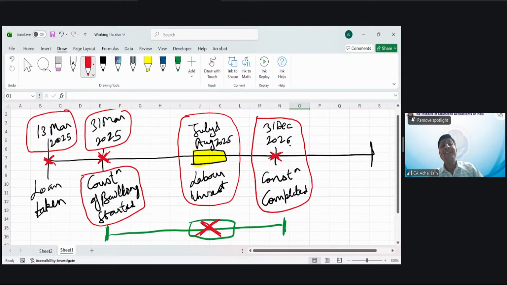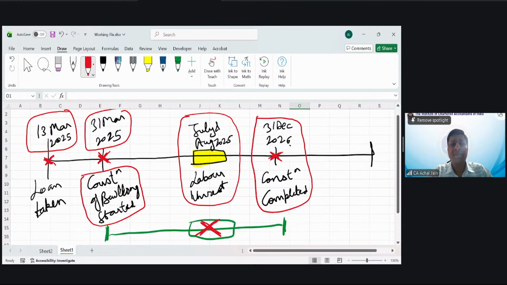But if let's suppose there is any stoppage, any suspension which is in the normal course, will you be able to exclude that period? No. Only the abnormal stoppages, abnormal suspensions, you will have to consider. Consider means that is going to be the period during which you will not be able to capitalize. Otherwise, you will be able to capitalize.